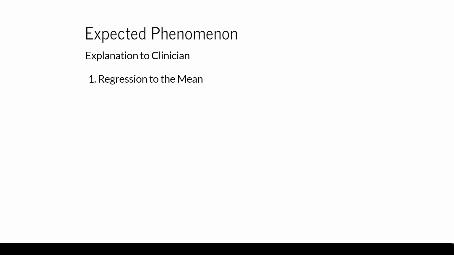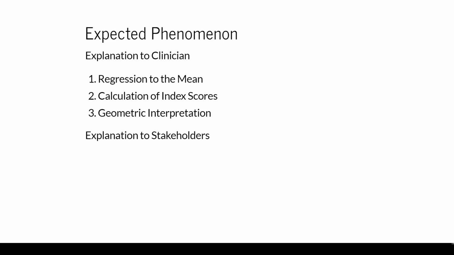We'll start by looking at this as a case of regression to the mean. We'll go over how to calculate index scores, and we'll cover a geometric interpretation of why this is occurring. So you have a few different ways of looking at it, so you can find the way that resonates best with you or deeply understand it. Then we'll go over how you can explain this to stakeholders in the testing.